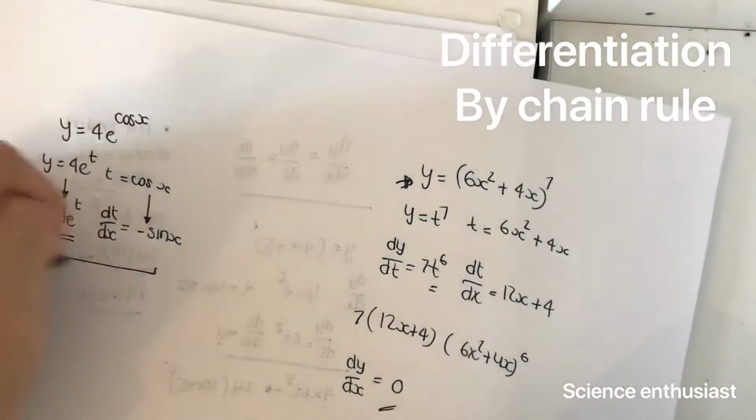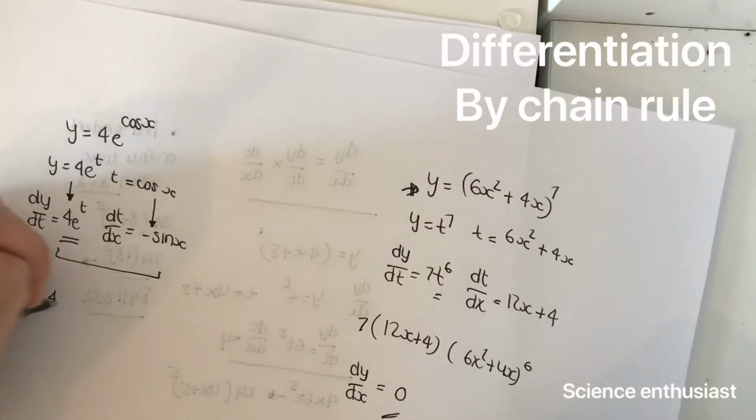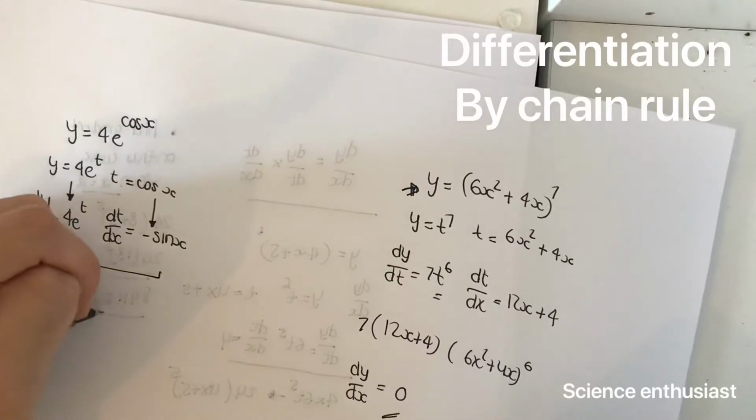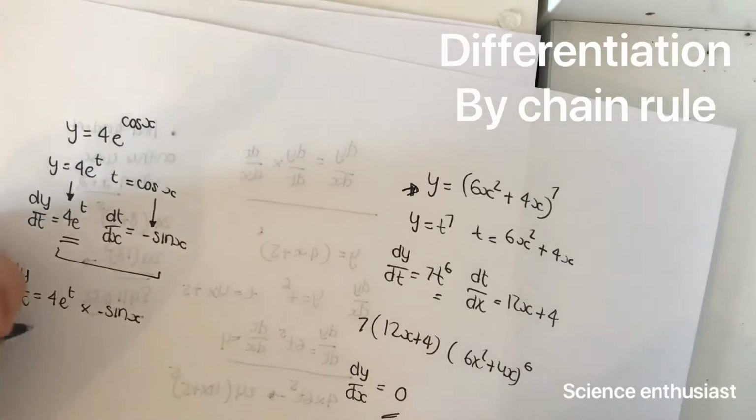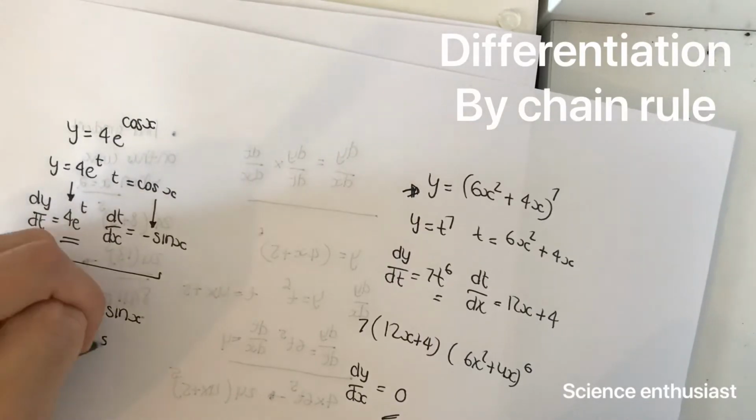And now we can multiply these both together to find dy over dx. So that would give us minus 4e to the power of cos of x, all multiplied by sine of x.